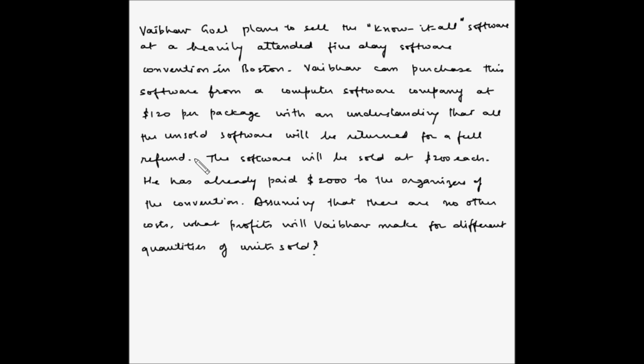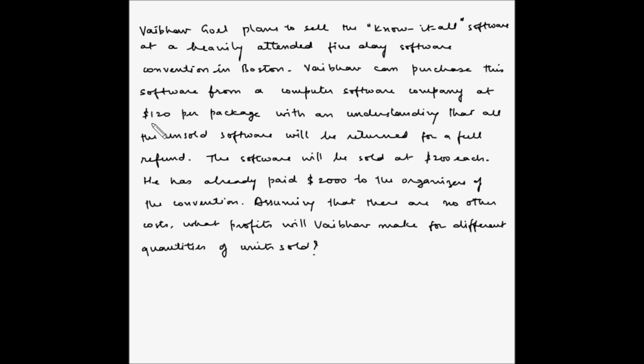So basically what this means is that Vaibhav has done an agreement with the computer software company that if he takes 10 packages of the software to the convention, and if he's able to sell only 5 out of those 10, then the remaining 5 he can return back to the company without paying any cost for that, and he'll incur only the cost of the 5 packages which he was able to sell.